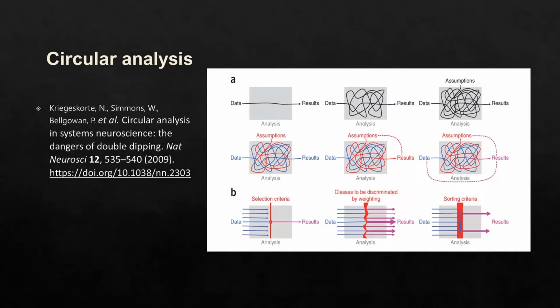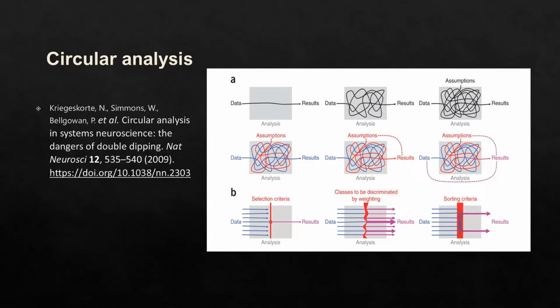And in the bottom right is more likely what usually happens in practice, and that is that the data and the assumptions both together will affect the results. So our results are usually a mix of the data and the assumptions. So that is circular analysis, and we need to be very clear about what our assumptions are so that they don't contaminate the results.